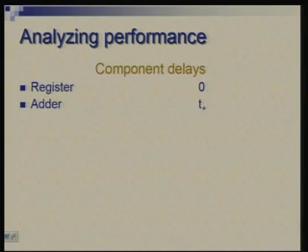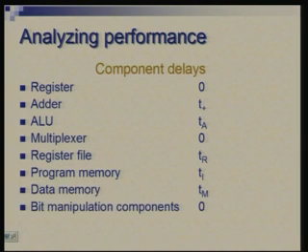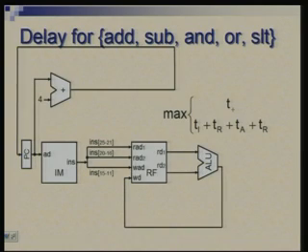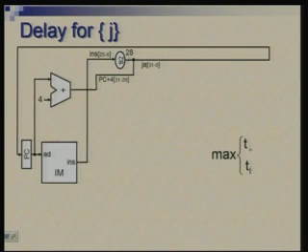Just to recall, we had analyzed the performance by taking the delays of individual components. Some simple ones were assigned 0 delay, and others had some significant delay denoted by T plus, TA and so on. These symbols denote the delays of individual components, and for each instruction or group of instructions we enumerated various paths from storage element to storage element through which the data has to flow, and identified the possible expressions which would decide the overall clock period.